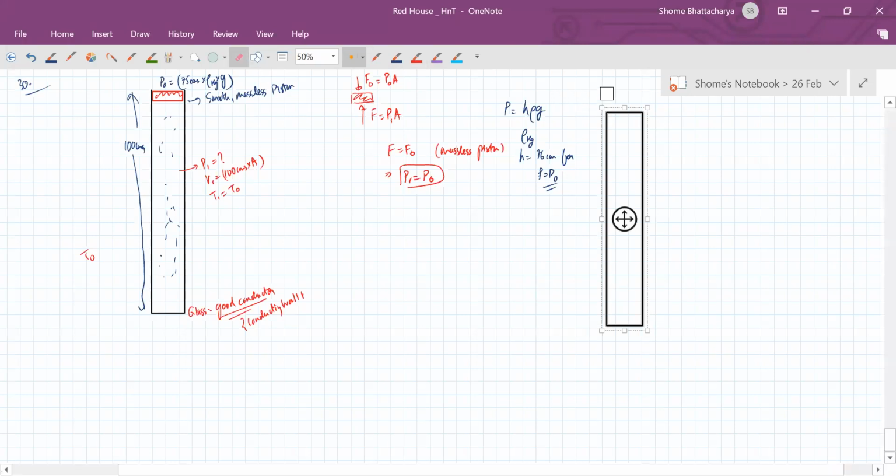So as the piston is compressing, we are pouring mercury here. And the gas inside is compressed now to some new pressure P2, some new volume V2, but a temperature which is equal to T naught. Why? Because again it has conducting walls.